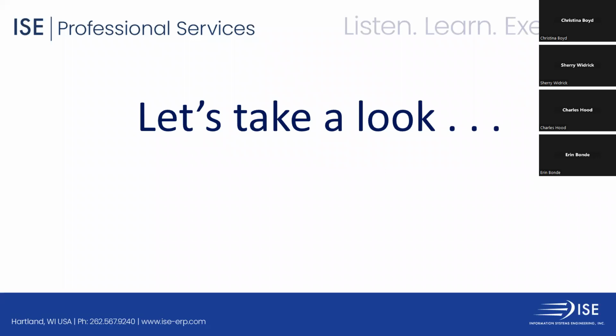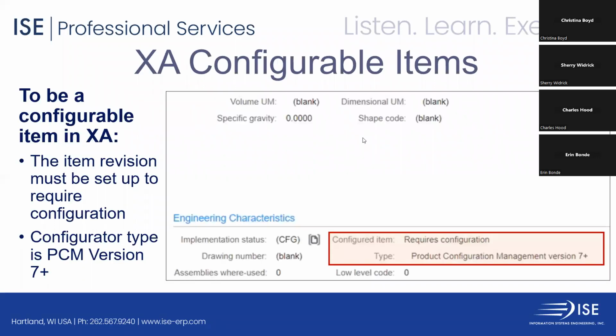All right, let's take a look. What am I talking about here? First of all, in XA, how do you define an item to be configurable in the first place? You do that at the item revision level. That item stands in for the entire configurable product family. For example, the configurable bike that you see the demos of a lot of times, and they use it for the rule set class.